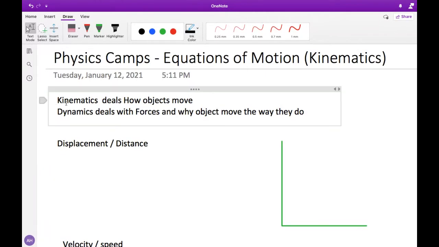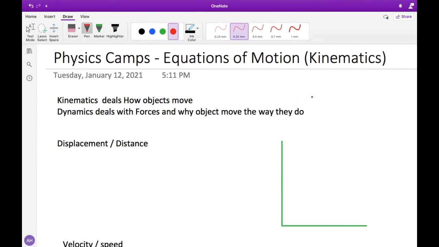Kinematics deals with how objects move, and it differs from dynamics, where dynamics deals with forces and why objects move the way they do. Both of these are considered mechanics.